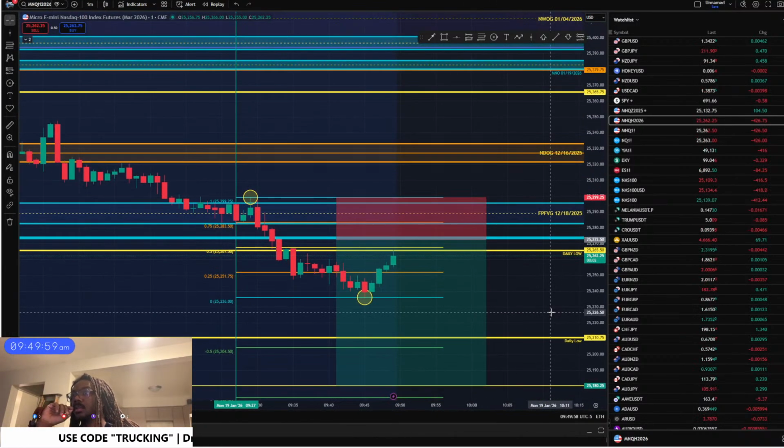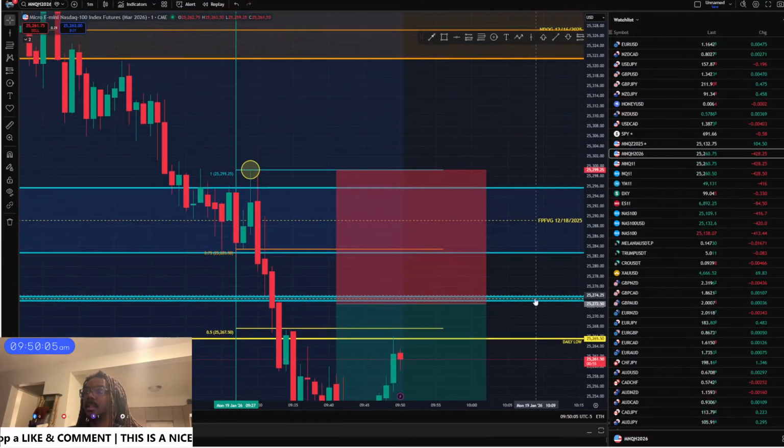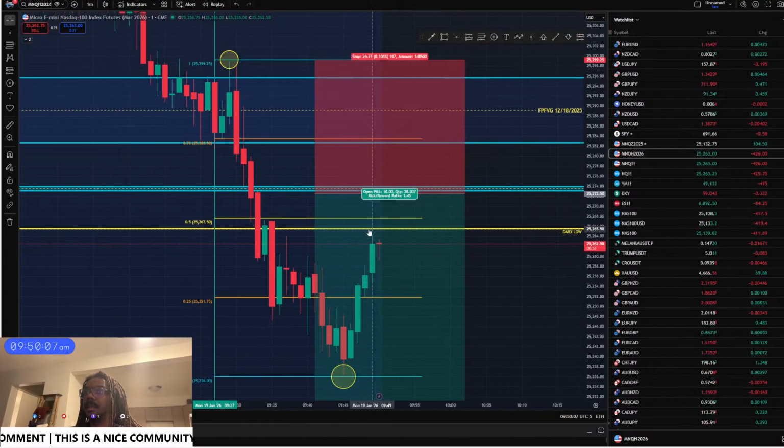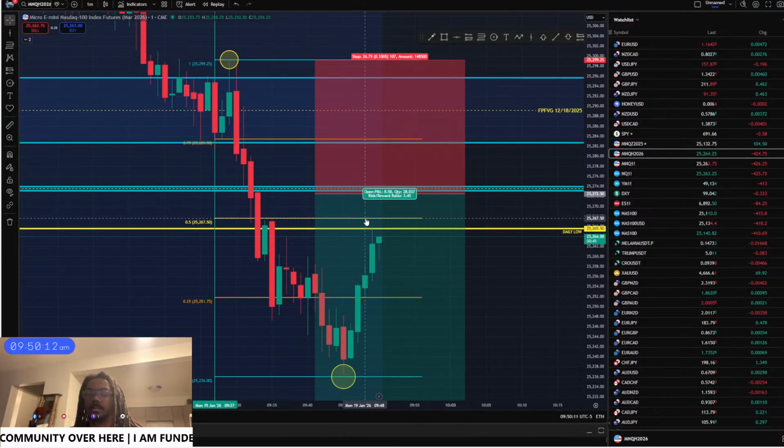I don't know if price is going to want to get down there right off the rip, but what I am waiting for is for price to at least get above the midpoint of this range right here, which is at this yellow line. Once price gets above this midpoint, I can start looking for a potential area to take a sell.